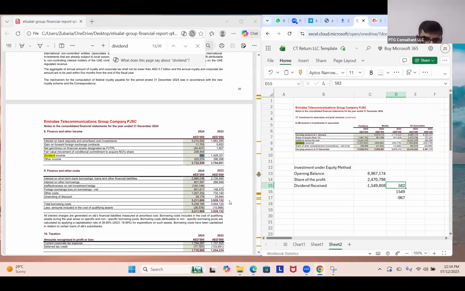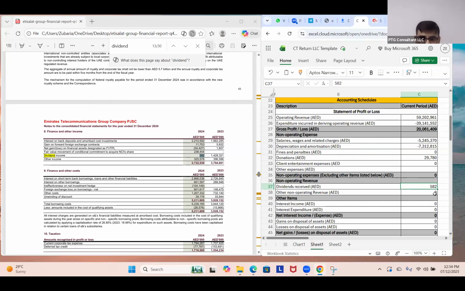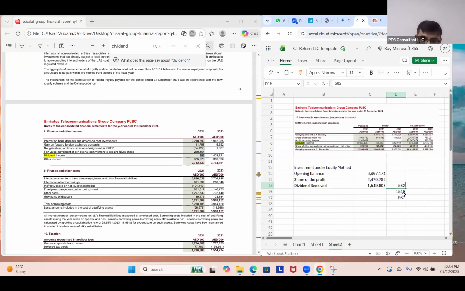So we should keep this understanding: we can take 582 as the total dividend received during the period, considering all is inclusive here. But why did we do the other exercise? Because it has an impact on the return, we have to give the breakup due to the equity method.